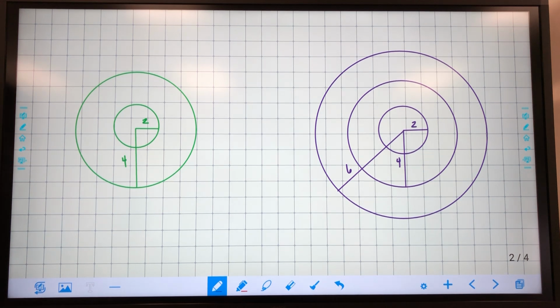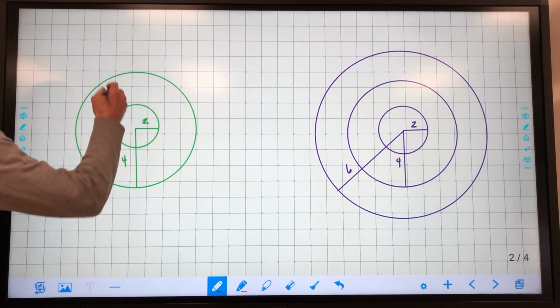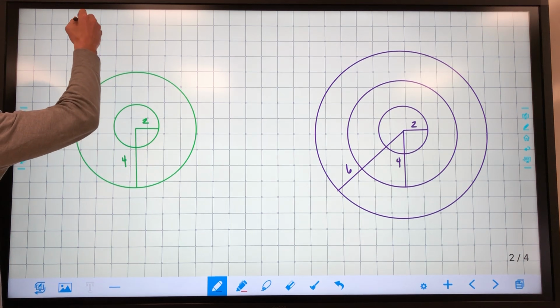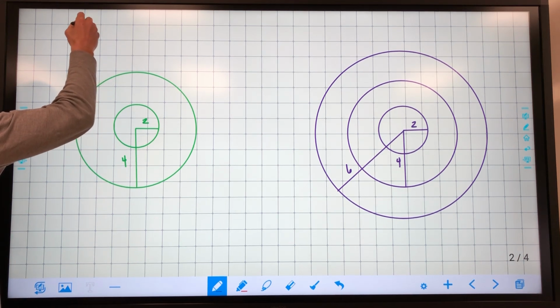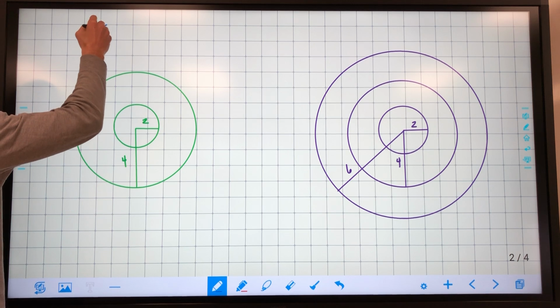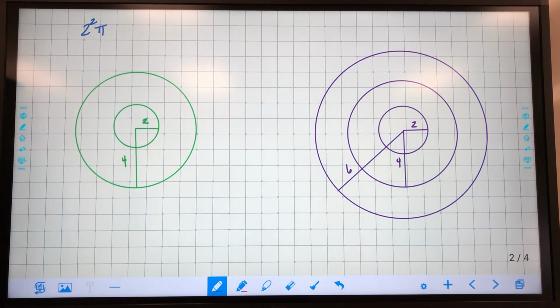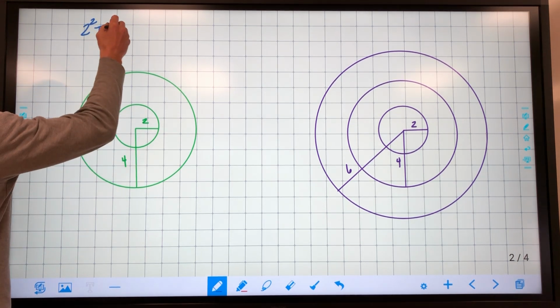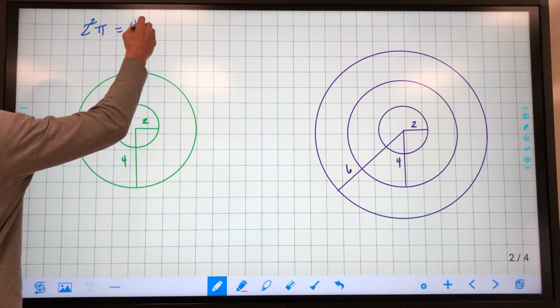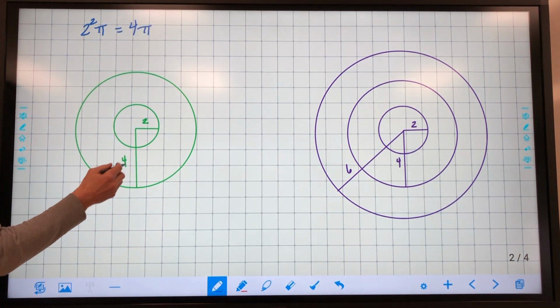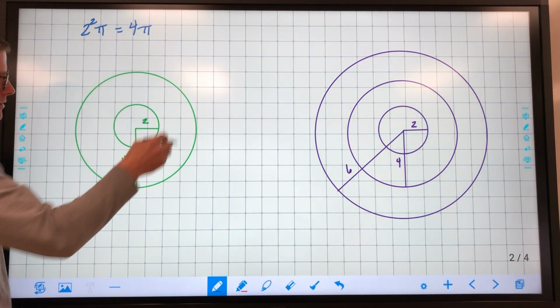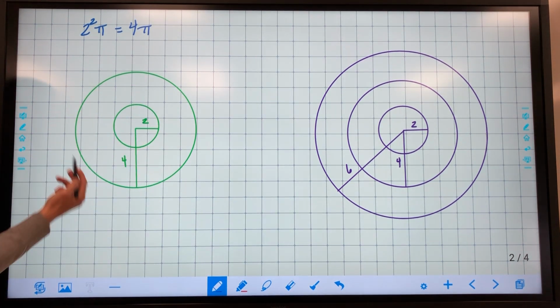Here we go. I'm going to take the area of the inner circle. So I know the radius here is 2. So the bullseye, or the inner circle, is going to be 2 squared pi. Area of the circle is pi r squared, which is 4 pi for the inner circle. And then I'm going to do the same for the entire target, which has a radius of 4.